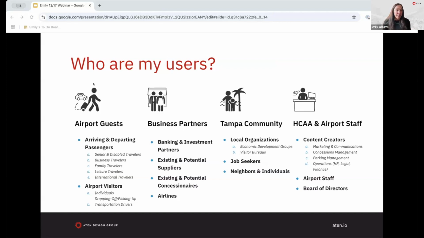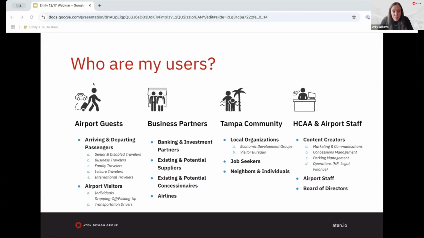For Tampa Airport specifically, we decided that there were four main personas of the user base. You have airport guests, so people flying in and out of the airport, or people picking up and dropping off, transport. There are business partners, so maybe existing and potential concessionaires, existing and potential suppliers, everybody that wants to do a business exchange with the airport.